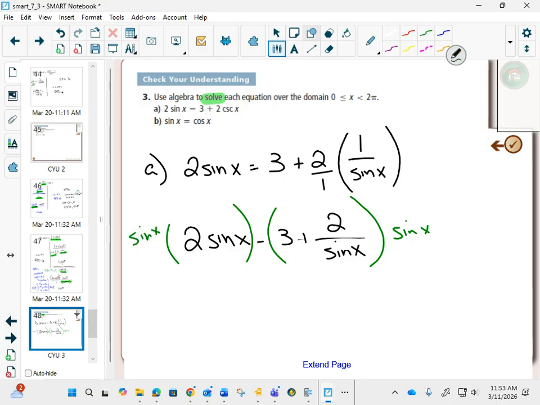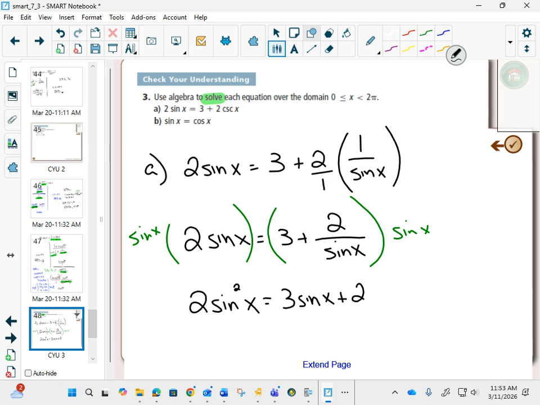What would I get? I would get here 2 sine squared x. And here I would distribute. I'd get 3 sine x. And here when I multiply it cancels out, I just get plus 2. So the fraction idea connects with grade 11.